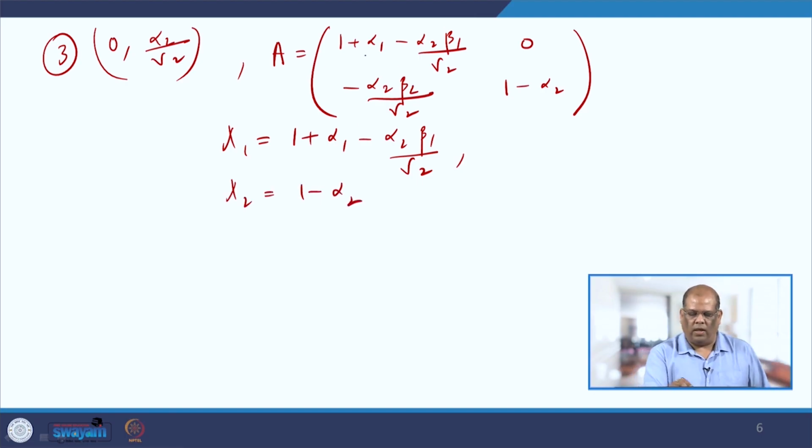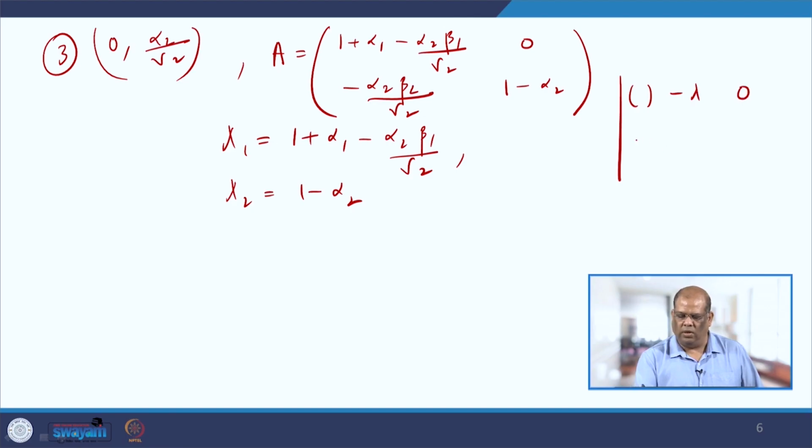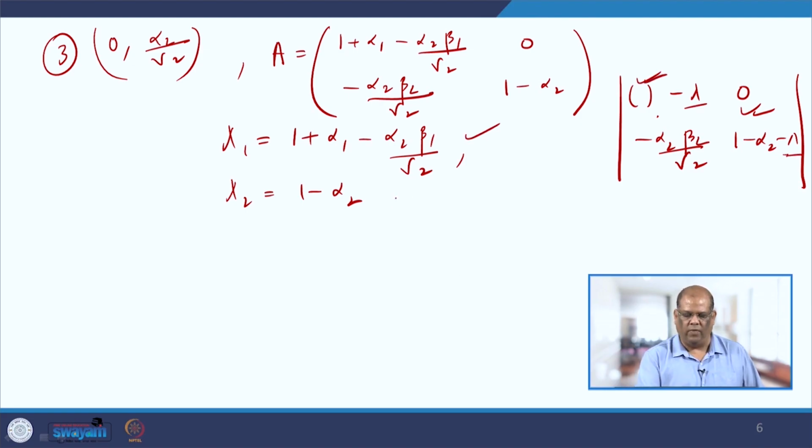If you are wondering how I am directly writing the eigenvalues, it is nothing but this quantity minus lambda, this is 0, this is minus alpha 2 beta 2 by gamma 2, this is 1 minus alpha 2 minus lambda. Since this is 0, lambda 2 is 1 minus alpha 2 and lambda 1 is whatever this quantity. So, straight away I write these two values.